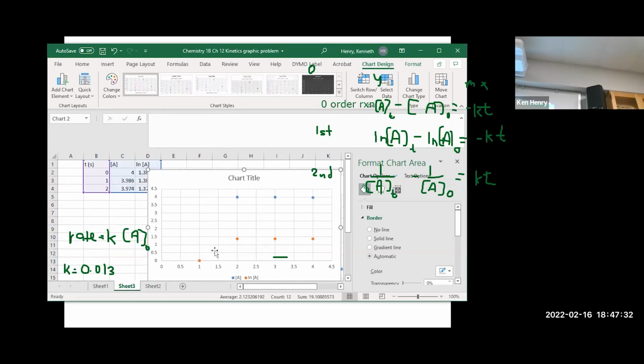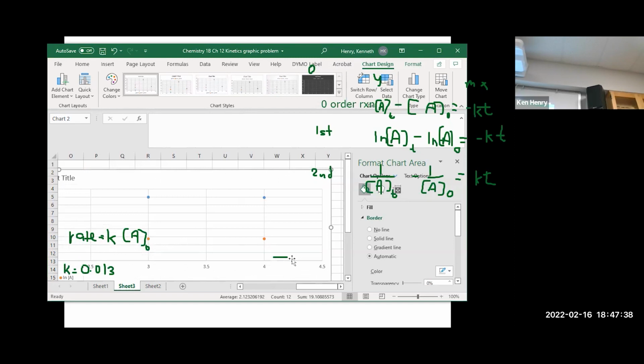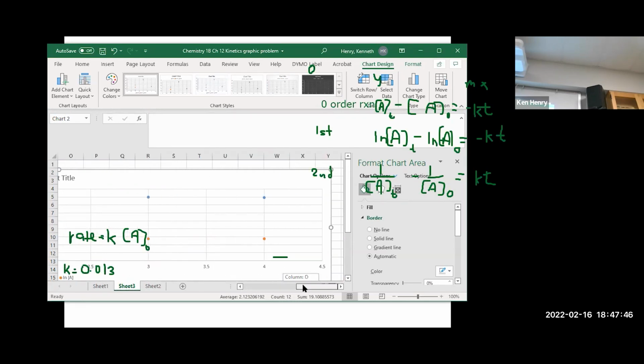Should probably graph them independent of each other. Oh, yeah. Why do I have 4 points?